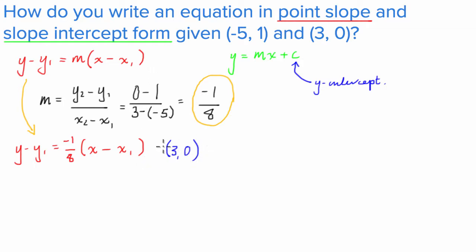If we substitute this point into here, we get y take y1, which is 0, is equal to -1 over 8 in brackets x take, and instead of x1 we write 3. Now you can get rid of the 0 on this side, it doesn't really do anything, and on this side we'll just leave y equals. So this is our point slope form.